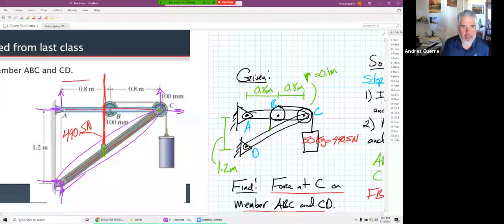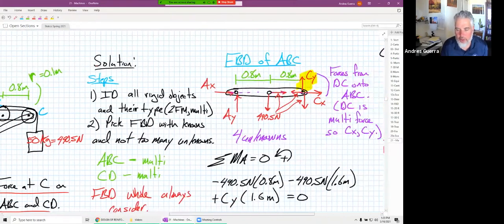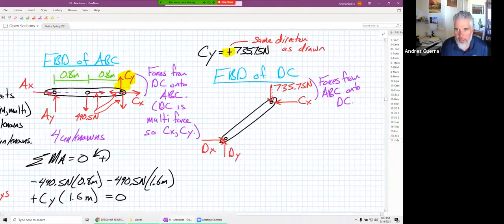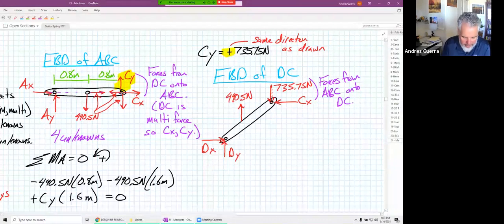That falls not at 0.8, but at 0.7 meters, because the radius of the pulleys is given as 100 millimeters. So we have this cable right here, with tension 490.5 newtons, at a distance from point D of 0.7 meters.